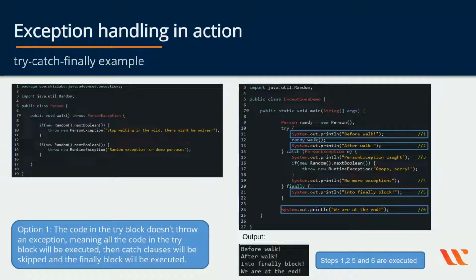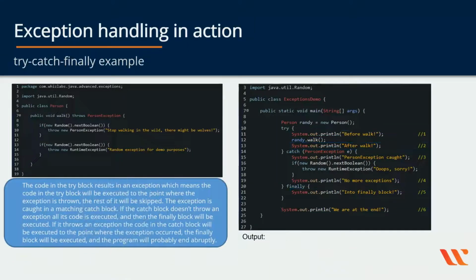As no exception is thrown, the code in the try block is executed, no code is executed from the catch blocks, then the finally block is executed, and whatever is after the finally block, which is one more print statement. That was the first scenario. Let's see our second scenario.